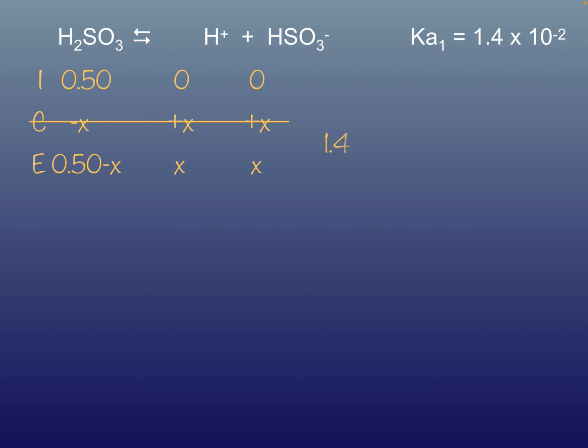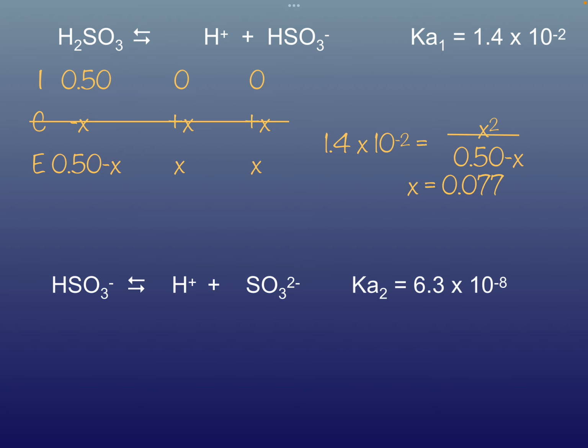So wherever we plug that into Ka, we get the products are X squared over the reactant of 0.5 minus X. X cannot be ignored there because there's not at least 3 decimal points different. So if we were to solve for X, we would end up with X is 0.077, and that could be plugged in to our ice tables.